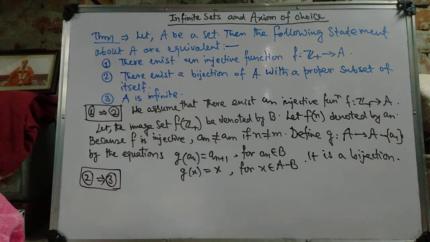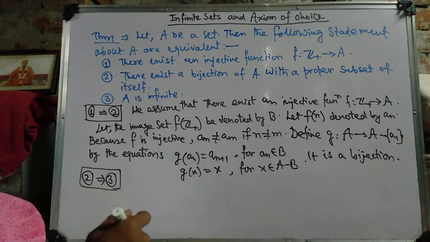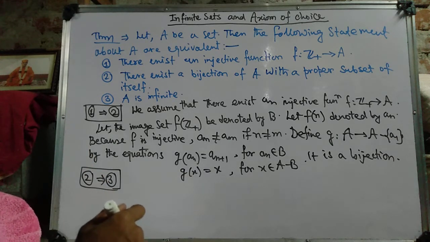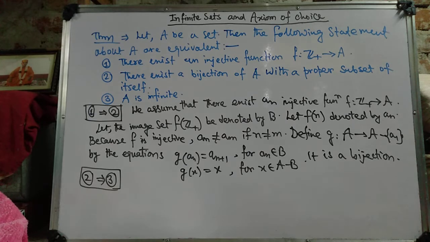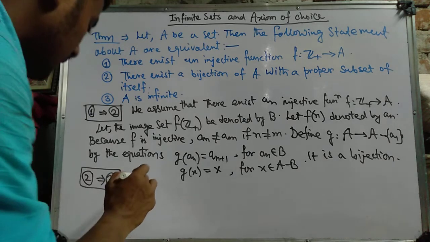We easily proceed with this one. If there exists a bijection of A with a proper subset of itself, then A is infinite.